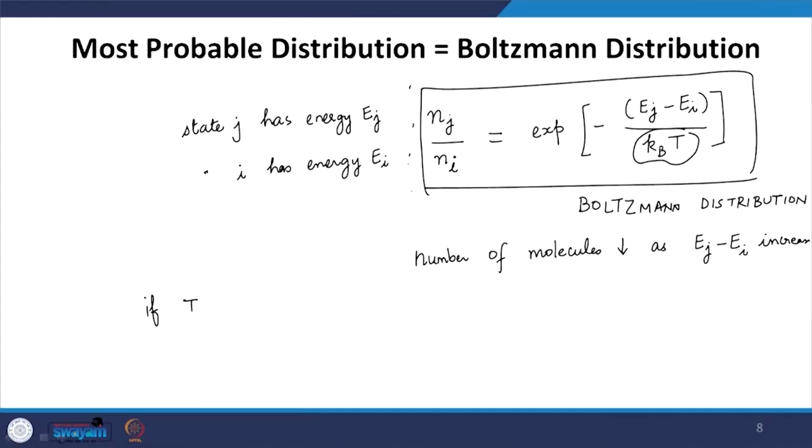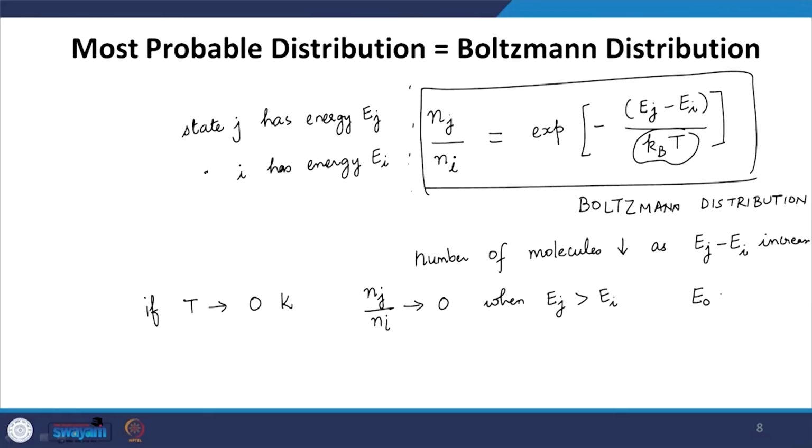That is, if T goes to 0 Kelvin, Nj by Ni practically goes to 0 when Ej is higher than Ei.